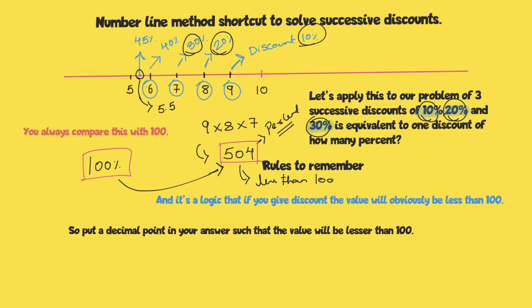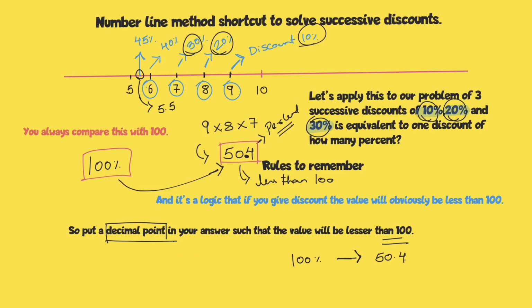Right, so it has to be lesser than 100. So you have to put a decimal point in the answer so that the value becomes lesser than 100. So I put a decimal point here. It's a logic, right? If you reduce it by 10, 20, 30, it has to reduce by 60, somewhere around 45, 50 should be your answer. So I put a decimal point here.